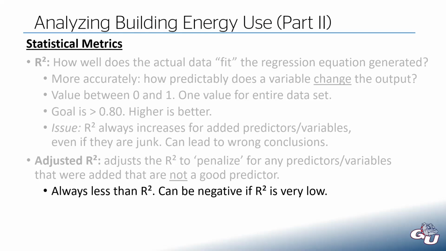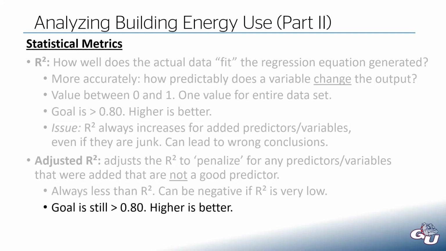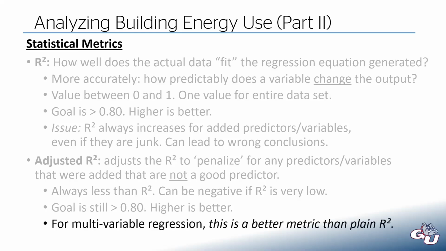If it goes negative, you're probably not dealing with a very good data set, or you're adding in variables that you have no business adding. The goal here, still, is to keep it above 0.8. Higher is better. And if you're doing a multivariable regression, this is a better metric than the plain R square. I don't even look at the R square in a multivariable regression.